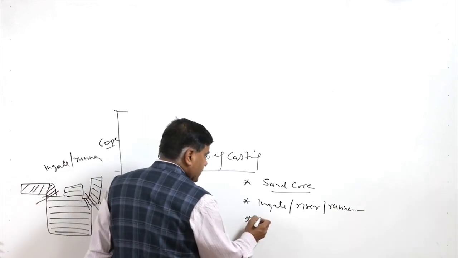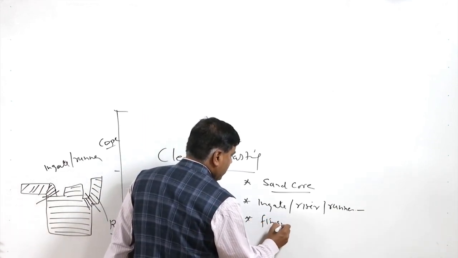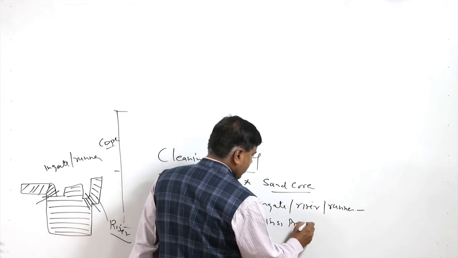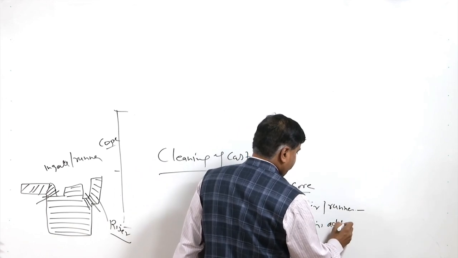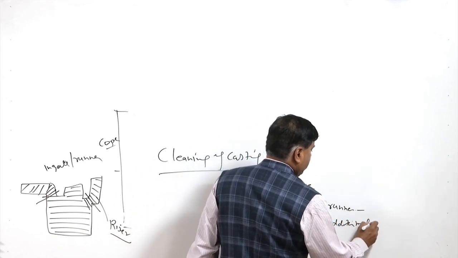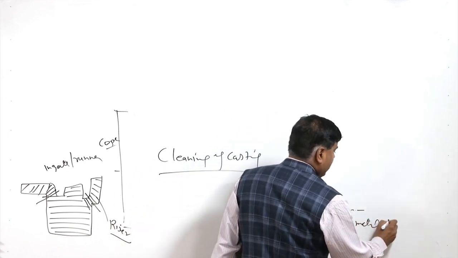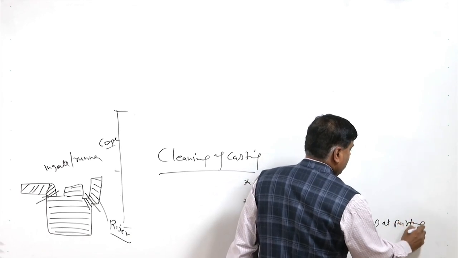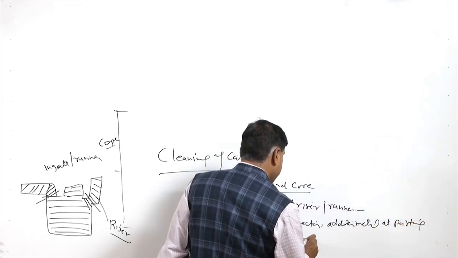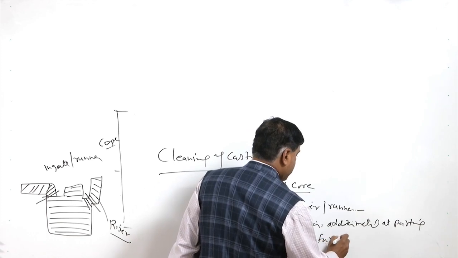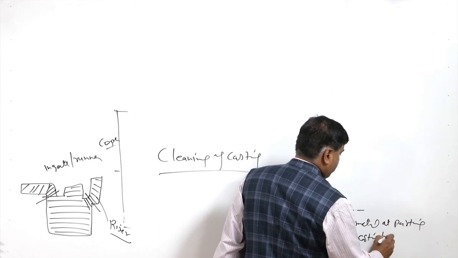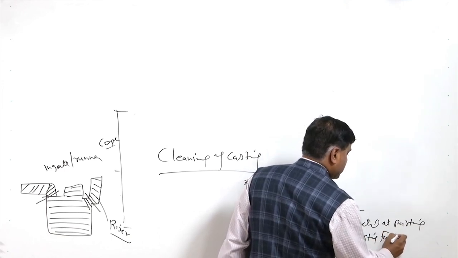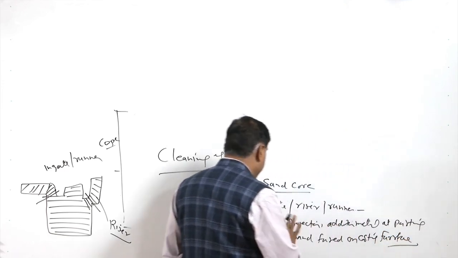If there are some fins, projections and additional metal deposited, metal at a parting line, or sand fused on the casting surface, all these need to be removed.